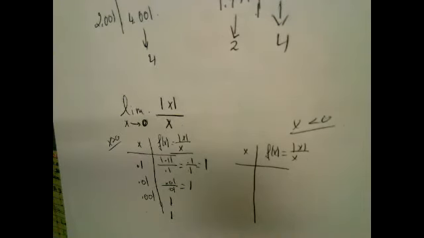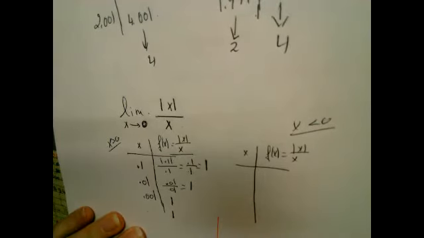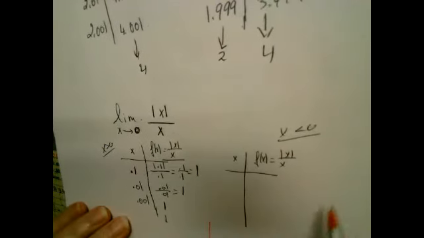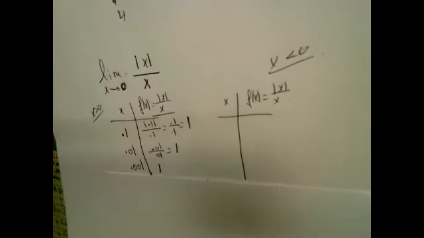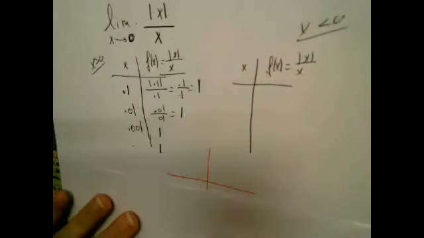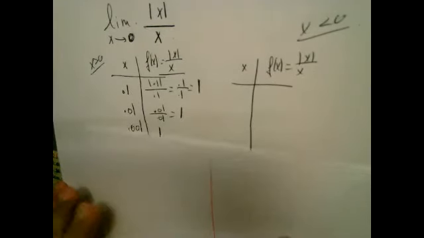So let us draw the picture here. What's going to be the picture? Okay, so this is the table we're drawing, and that's the graph. So this is my 0, where I have an issue.